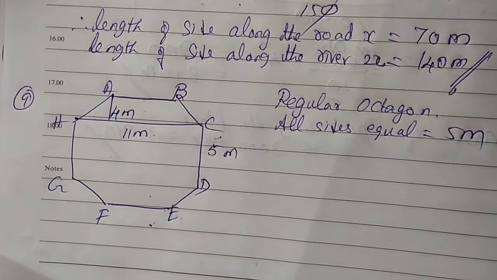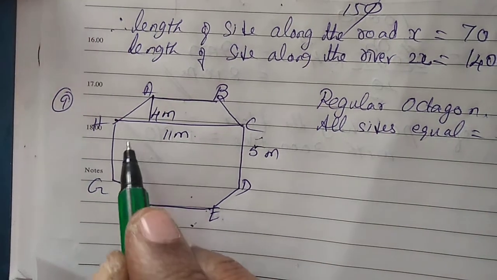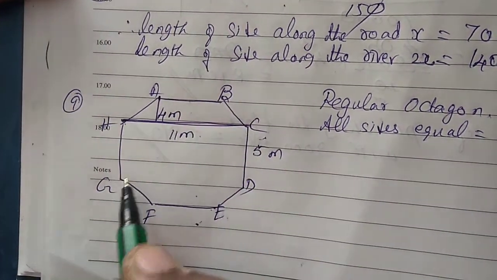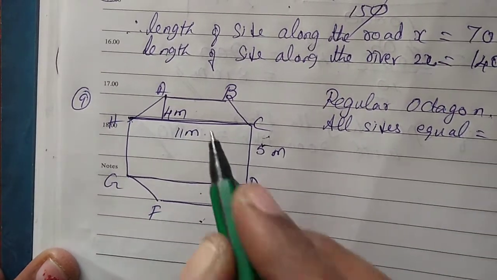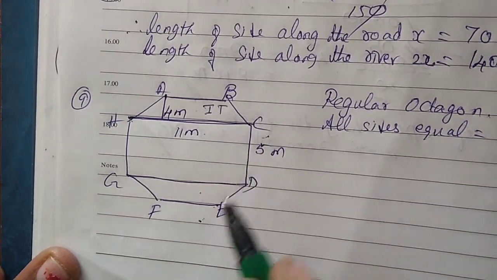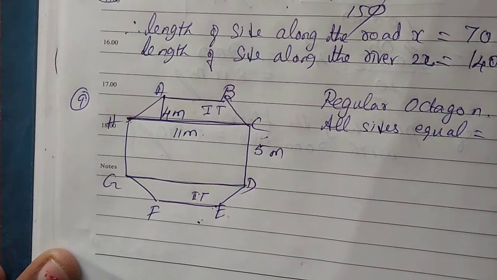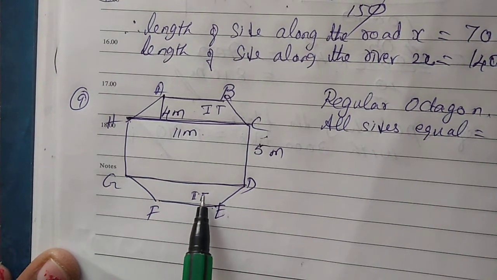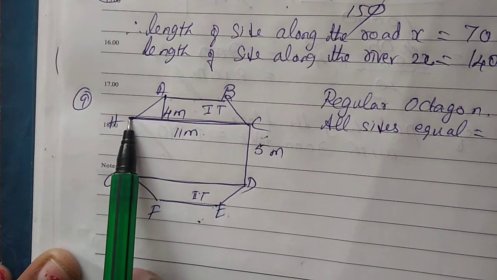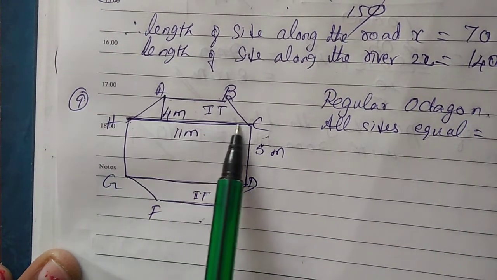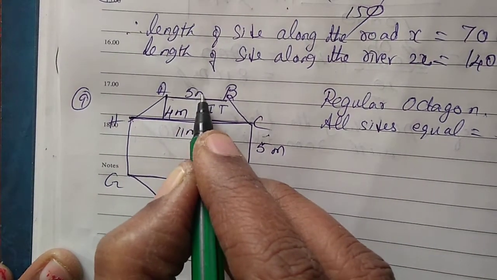Now in this regular octagon, I can draw a line like this so that the octagon has been divided into one trapezium, another trapezium, and in between we have a rectangle. Are you able to understand clearly? See here, ABCH is a trapezium with AB parallel to HC, and the parallel sides are 11 meter and 5 meter with the perpendicular distance 4 meter.